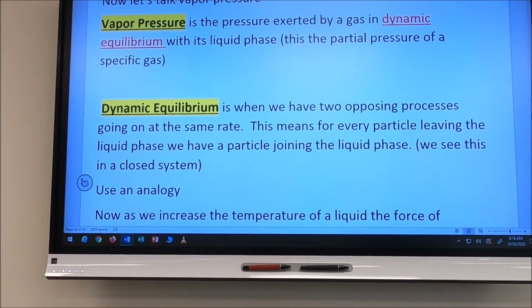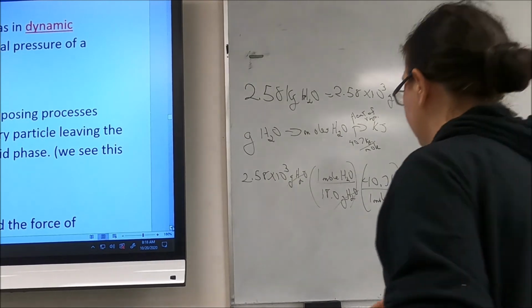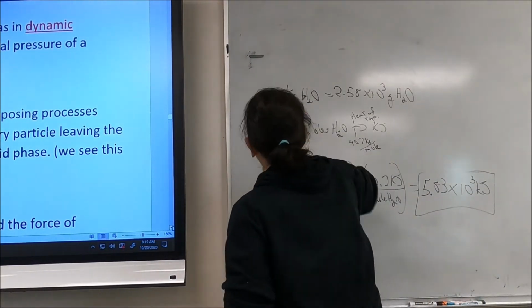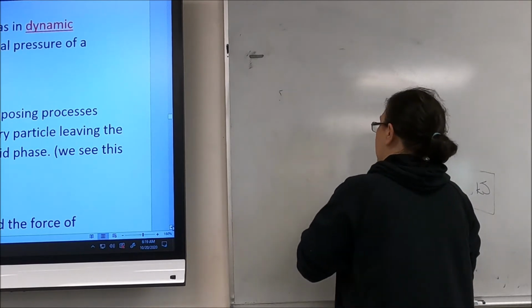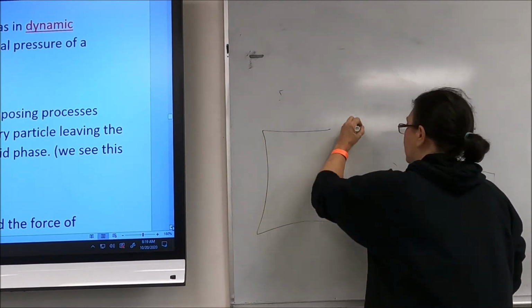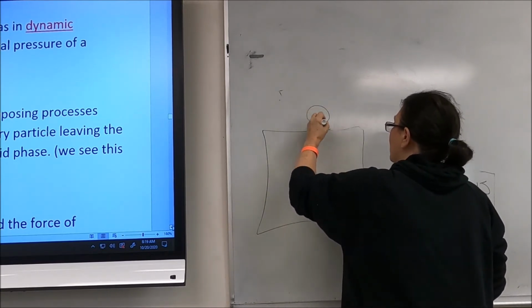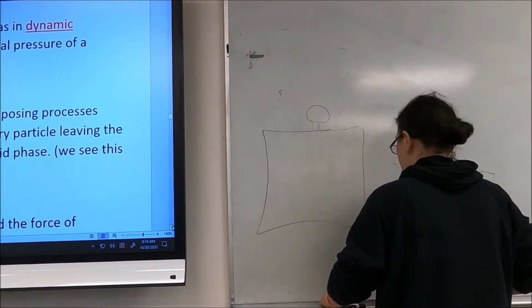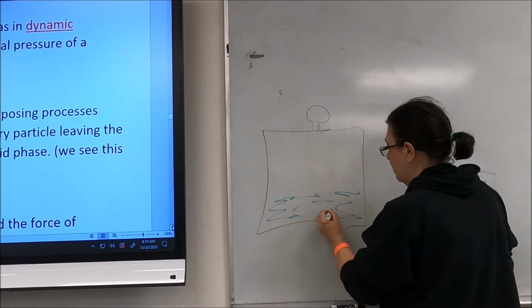So let me draw you a picture here to start getting an idea. Okay, I have a box here, and I have a pressure gauge on it. Okay, so here's our liquid, all down in here.